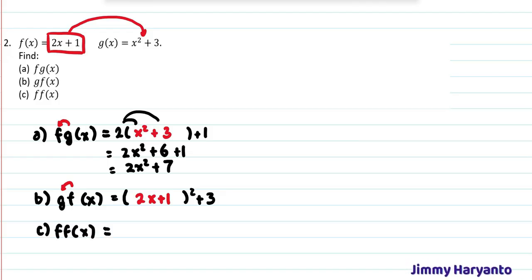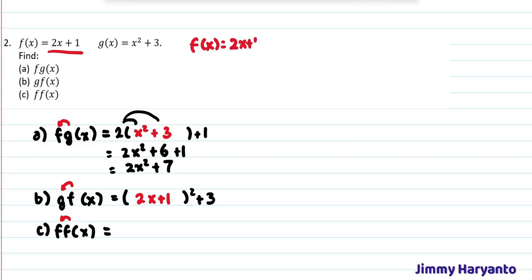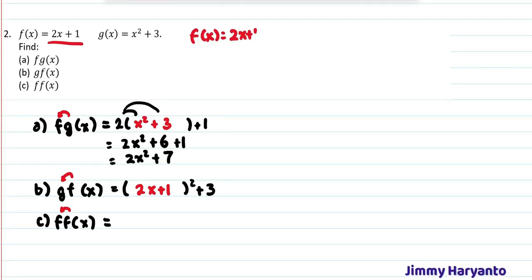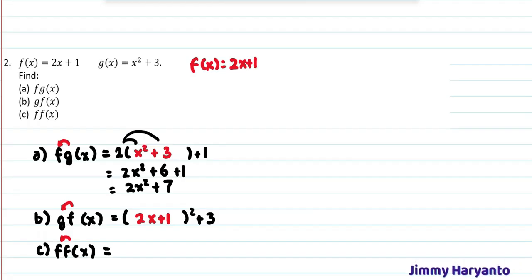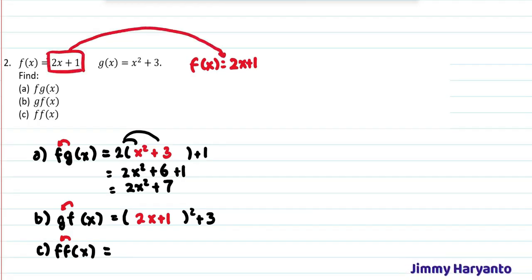And then C, we have to calculate ff. ff means input the f into another f. Let's just pretend that we have 2f right here. It will make more sense for you later. So we have to input the first f into the second f.